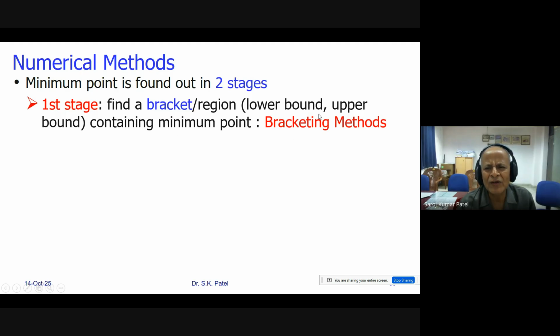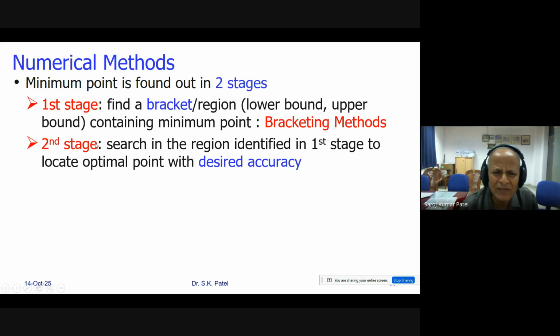These are called bracketing methods, and these are the two bracketing methods. In the second stage, depending on the desired accuracy, we start from the bracket we got from the first stage, then we improve upon it and further reduce the region till we get the optimal solution. The smaller the interval, the better the accuracy.